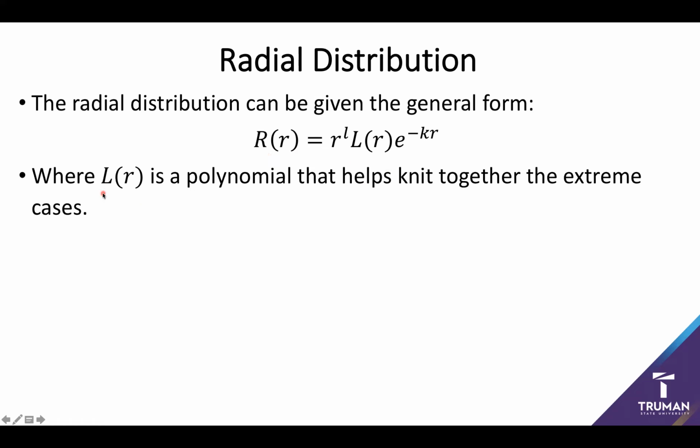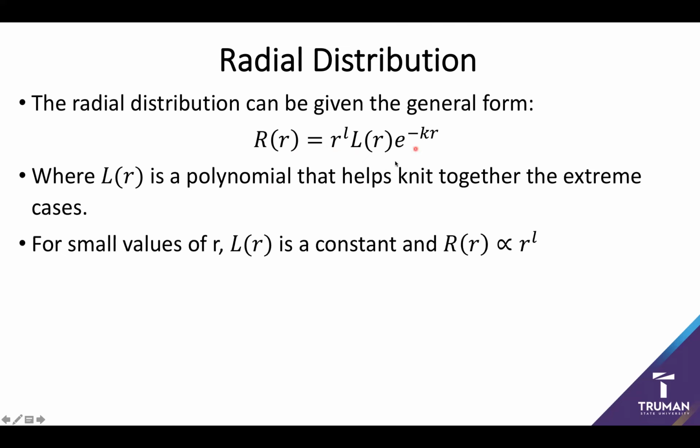And to do this, we essentially make use of a polynomial term, which is a function of L. And so this is going to knit together this more repulsive force and this exponential die-off. So for small values of r, this polynomial term is going to be dominated by a constant, and our general radial wave function is going to be approximately equivalent to just this r to the L function.